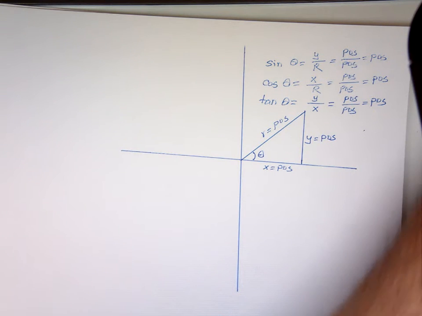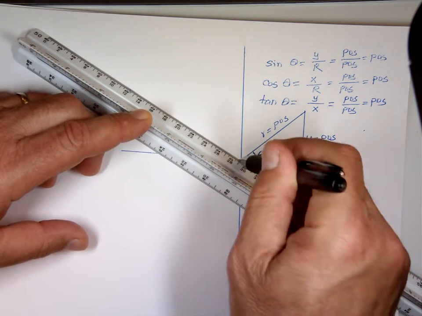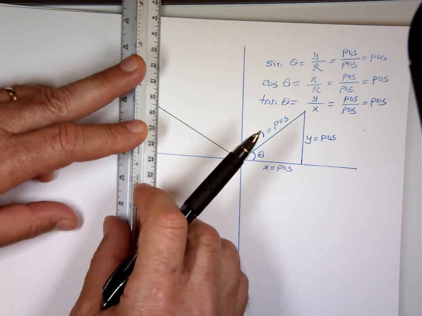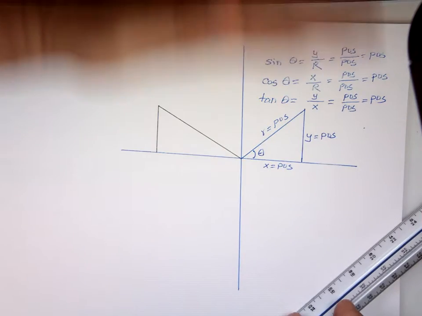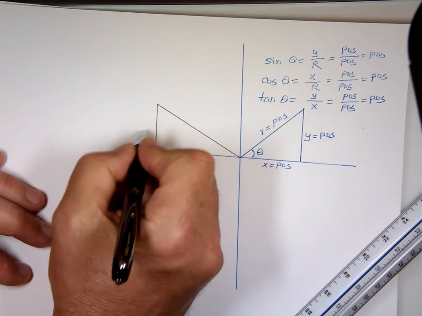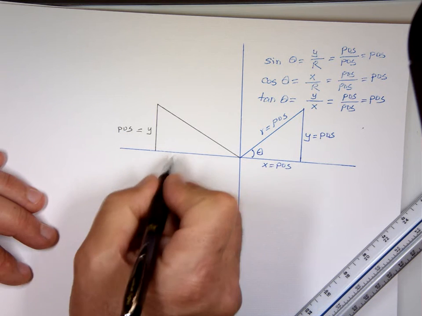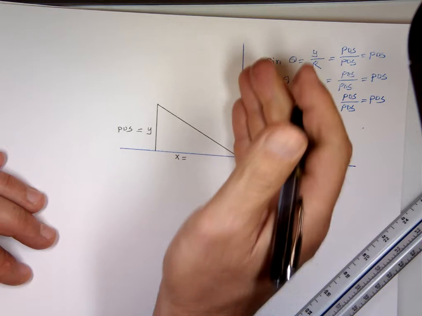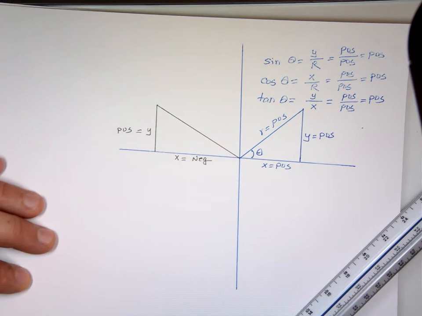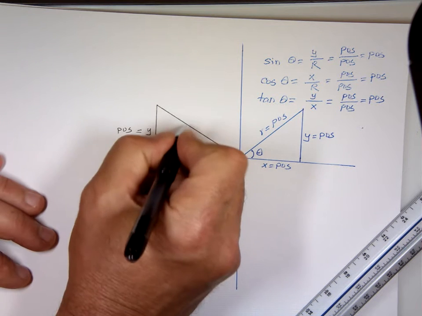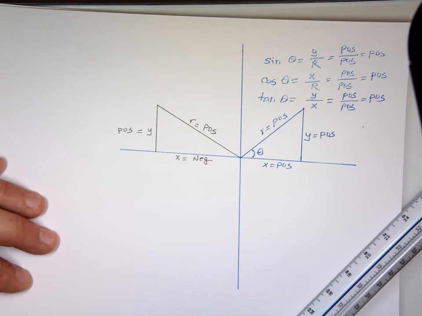Now, when you're in the second quadrant, you have an angle here. The y value is still above this line. Y is still positive. But the x value now is to the left, which is negative. And this is r, which is always positive. R will never be negative.